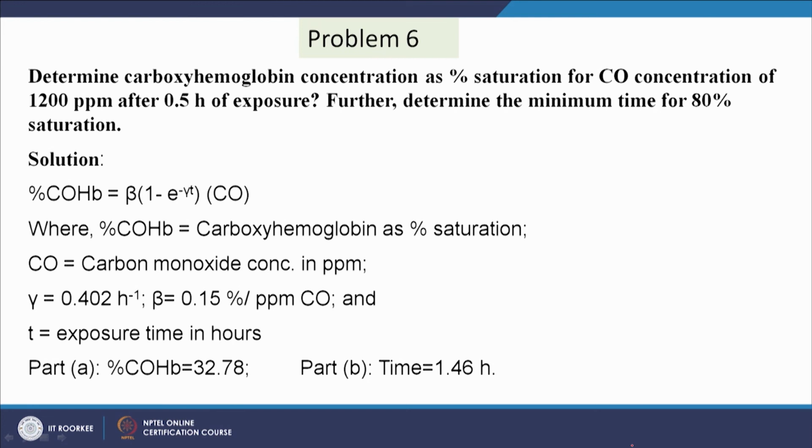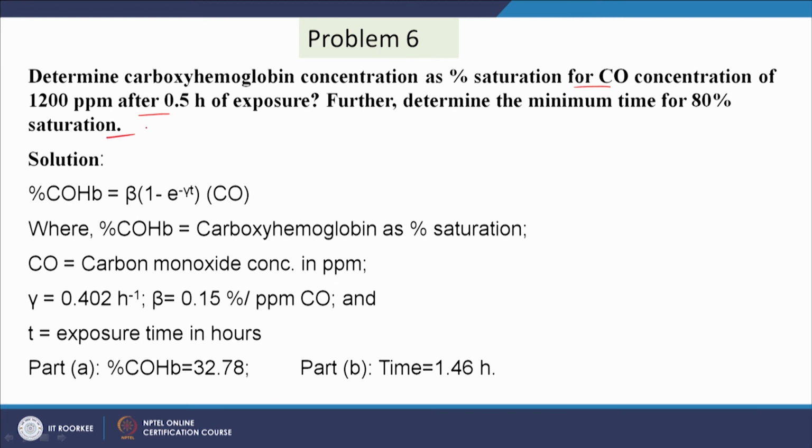Now, problem number 6: determine carboxyhemoglobin concentration as percentage saturation for a carbon monoxide concentration of 1200 ppm after 0.5 hour of exposure. Further, determine the minimum time for 80% saturation.